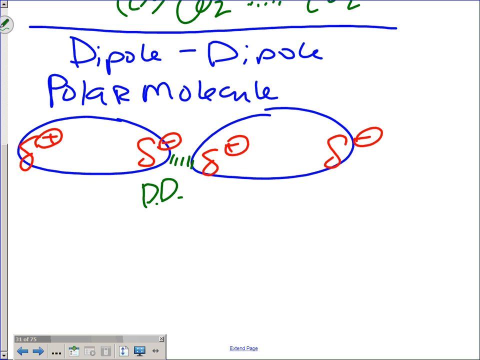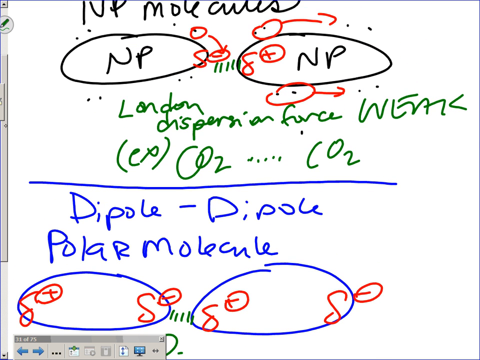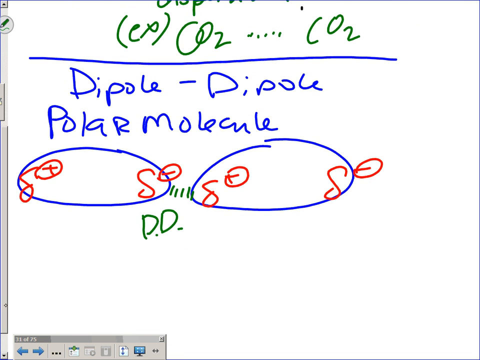So, comparatively, these molecules up here experienced a pretty weak attraction because they didn't have a true positive or true negative. There were slight positives and negatives that were so faint, barely there. But this one's got a more polar molecule, so it has a bigger, and I'll even draw the charges bigger for you, a bigger partial positive and negative, and a bigger partial positive and negative.